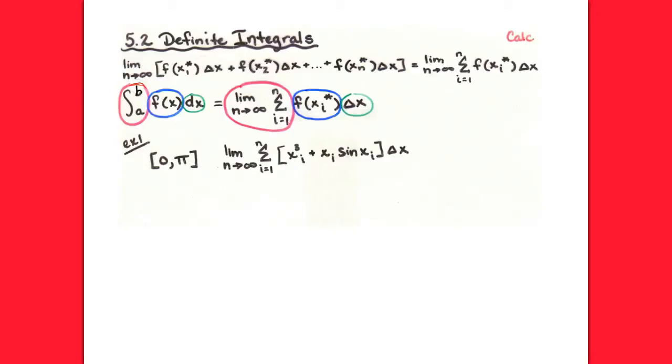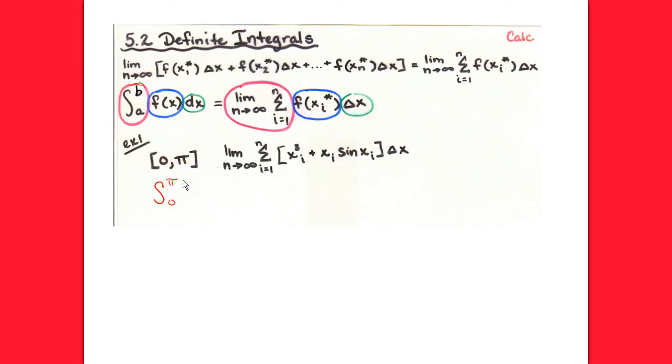All right, so not really a whole lot that we can do with these, but in example number 1 it says we want to express the limit as n approaches infinity of the summation from 1 to n of this function as a definite integral, and we want to use the interval from 0 to pi. So to begin with, I'm going to know that I start at 0 and I stop with pi as my lower and upper limits of integration.